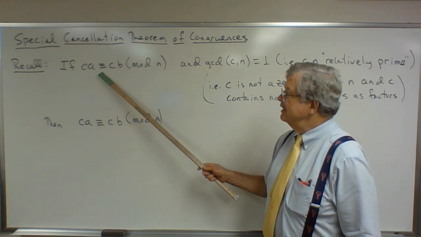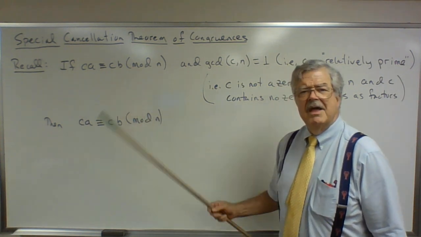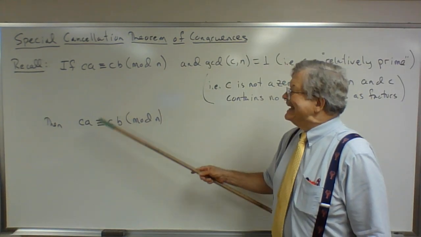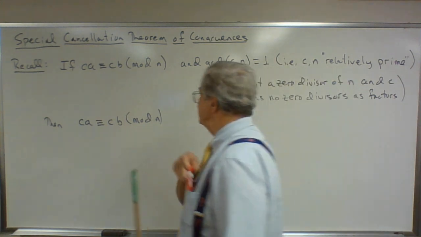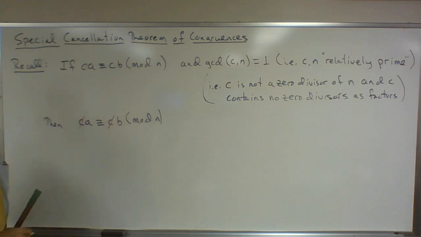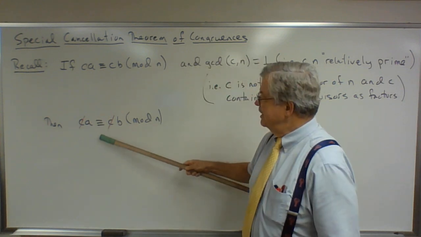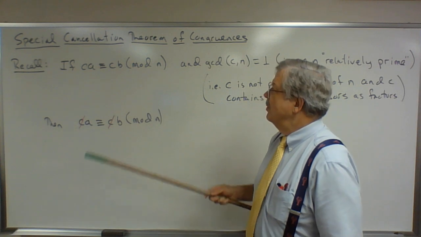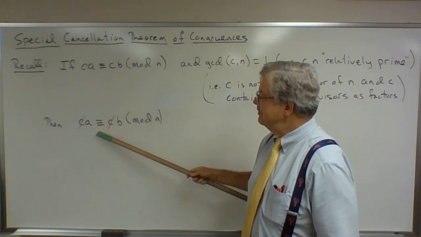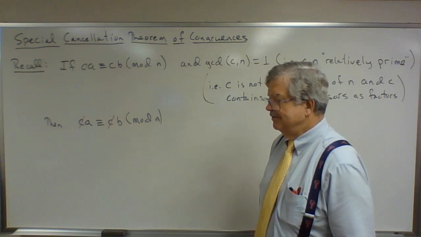We had a congruence, mod n, with a common factor of C on both sides, and we discussed when we could, with absolute certainty, cancel the common factor of C on both sides and end up with a congruence that was true. When can we cancel this common factor of C on both sides and still maintain the sense of the original congruence?